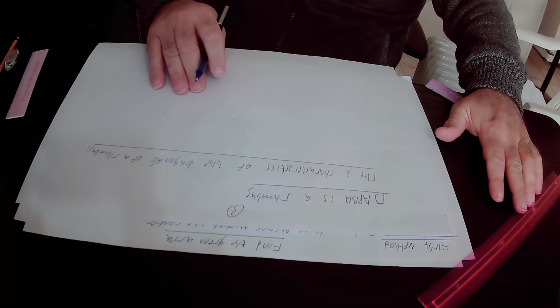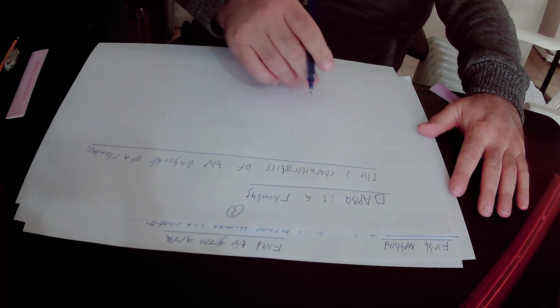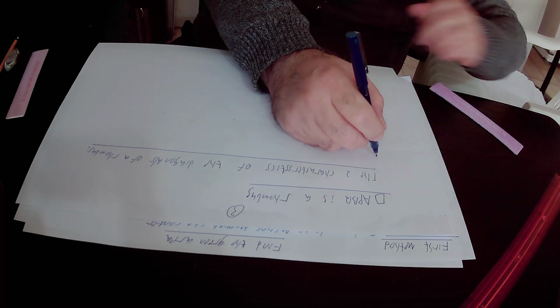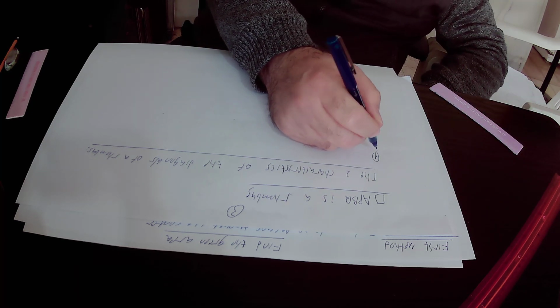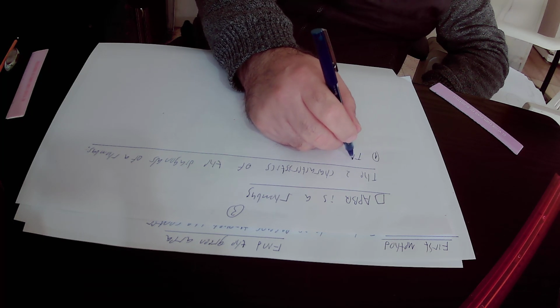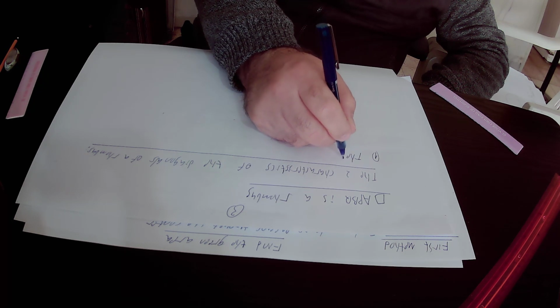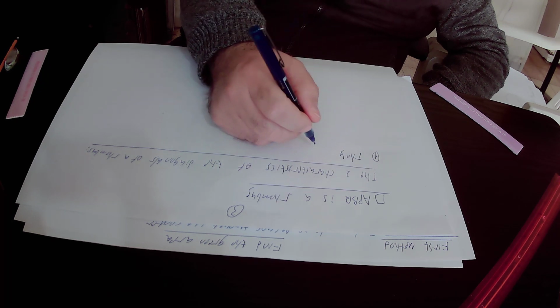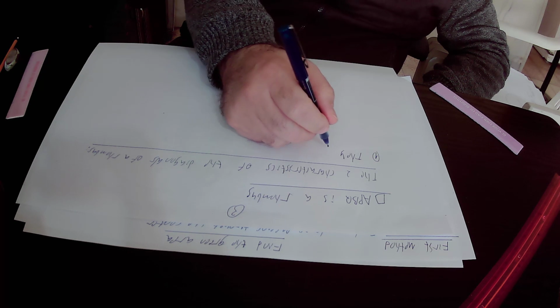The first characteristic of the diagonals of a rhombus is that they are perpendicular to each other. The diagonals are perpendicular to each other.